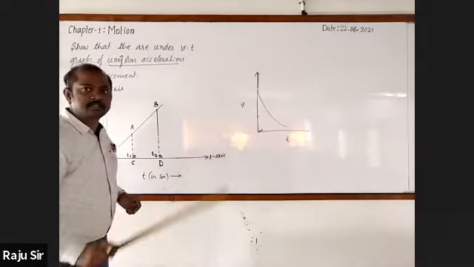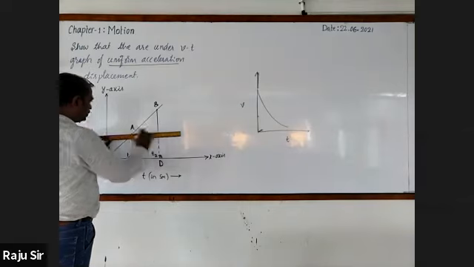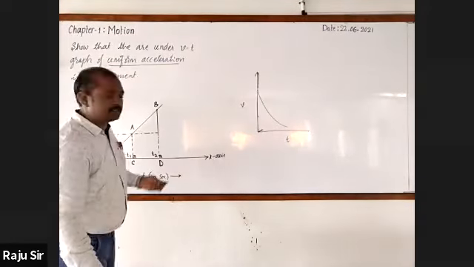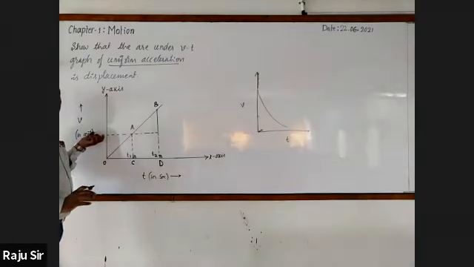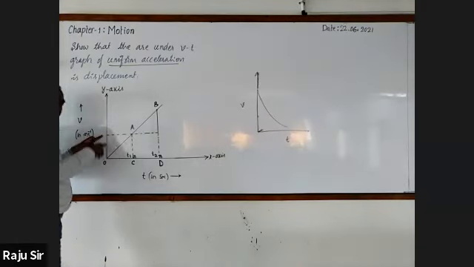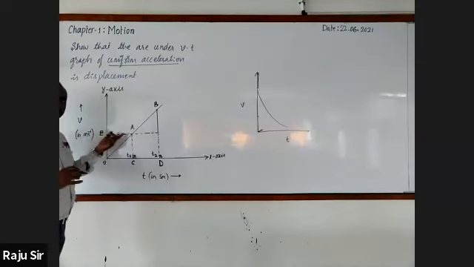Next, let us draw the line parallel to the x-axis through A. You all may be thinking why it should be drawn. The reason is to mark its initial velocity. So this parallel line will intersect the y-axis at a point. You may call this point E. E is the initial velocity of a body.